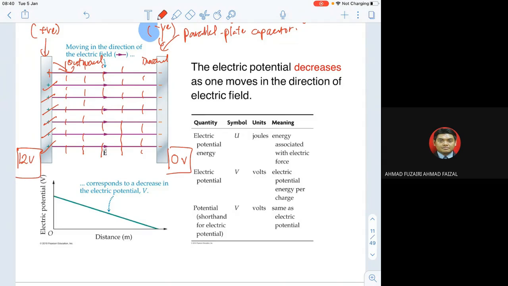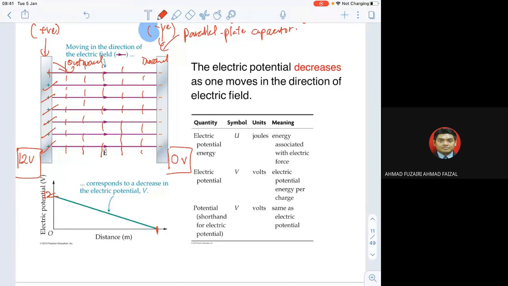So that's how we can draw a graph. Let's say this is the 12-volt battery, and as the distance increases, the potential decreases.